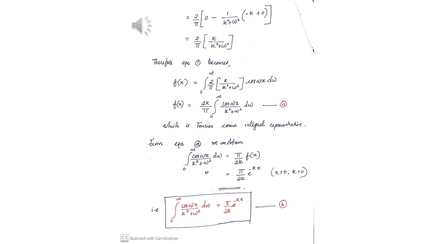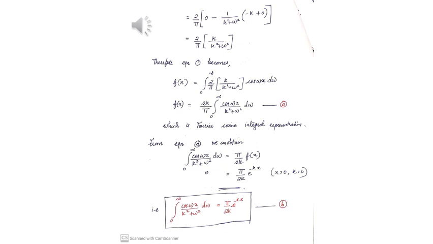Now take the constant part outside, that is 2k by pi, integral 0 to infinity cos omega x divided by k square plus omega square d omega. Now here we have obtained the Fourier cosine integral representation.